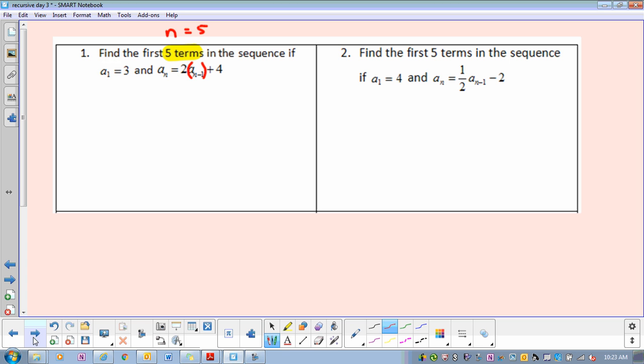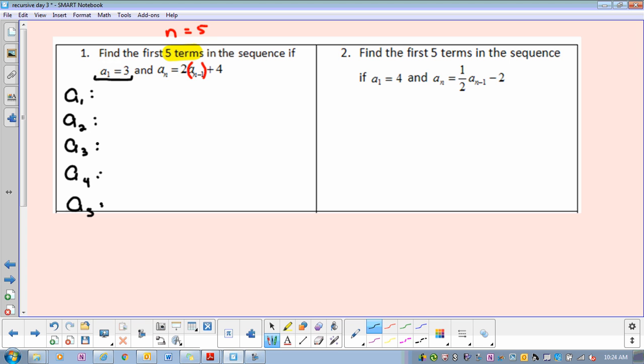Alright? So watch me do this. It's kind of, I mean, it's pretty cool. So we want the first 5 n's, right? And they gave us an a sub 1 here. We know the first one. So 1, 2, 3, 4, and 5. Yes? Right, Tidwin?